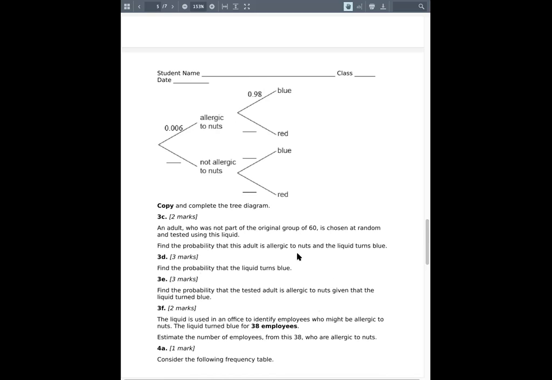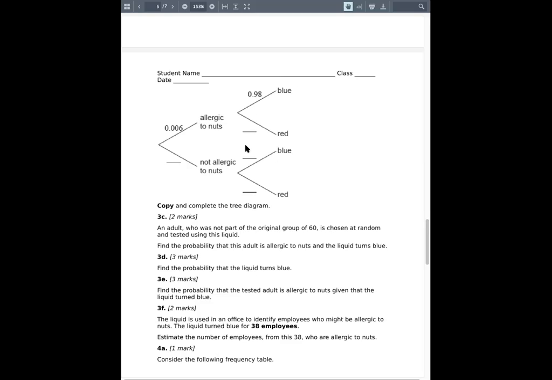Okay, 3D. Find the probability that the liquid turns blue. This one's also not that bad. Since we want the probability that the liquid turns blue, that is our one condition. The first step would be 0.006 multiplied by 0.98, and then you would add 0.994 multiplied by 0.05, since we determined that this value would be 0.994 and this value would be 0.05.